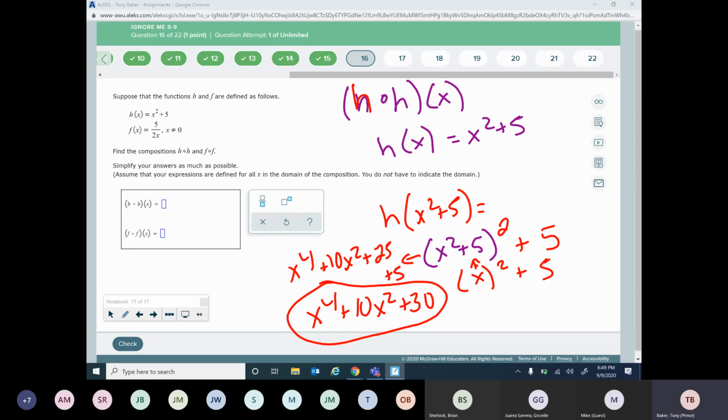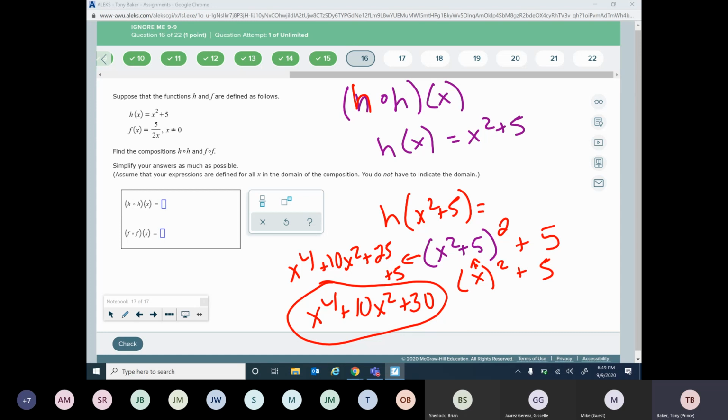When you square things, my biggest pet peeve in the world, and luckily for you guys, you're going to be working in Alex, so they're just going to mark it wrong, and I don't have to put little frowny faces next to your answers. X squared plus 5, or anytime when you're squaring things, it's not just squaring the two things inside. I have seen, even in Calc 2 and everything else that I've taught, people put x to the 4th plus 25 and forget the 10x squared in the middle.